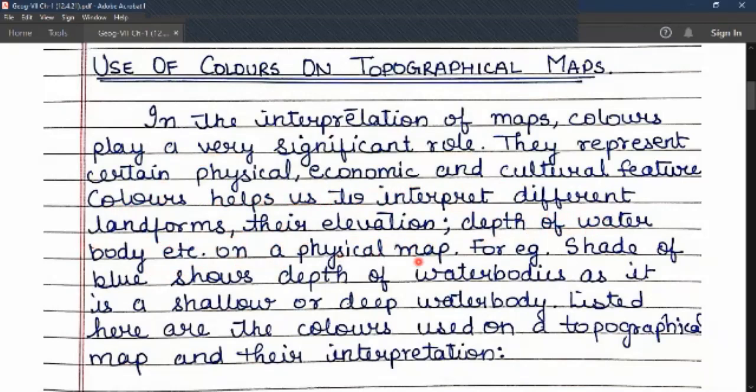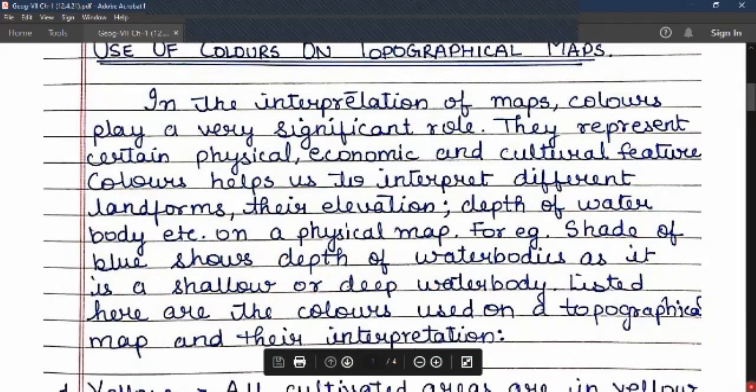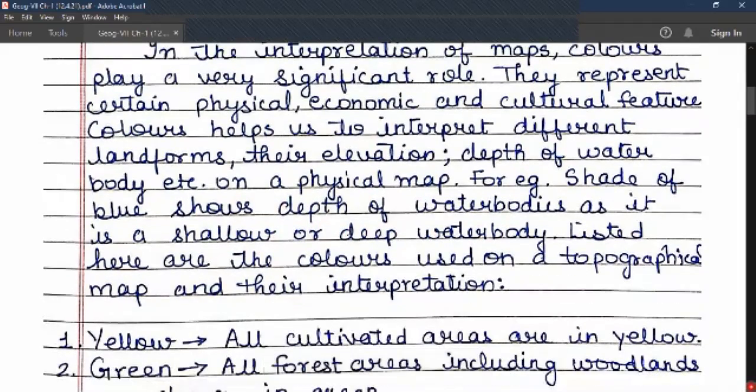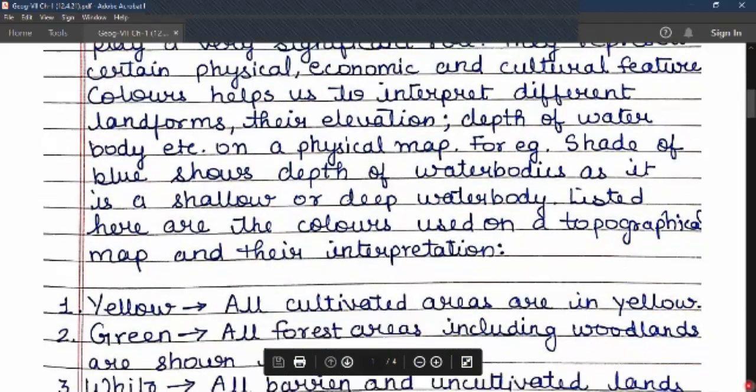For example, shade of blue shows depth of water bodies, as it is a shallow or a deep water body. Listed here are the colors used on a topographical map and their interpretation.